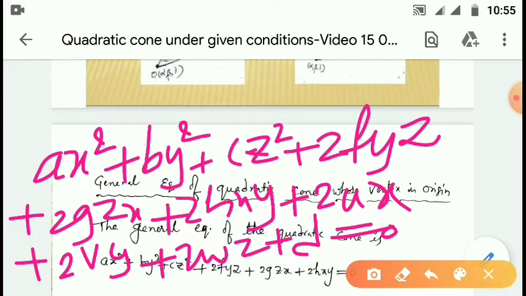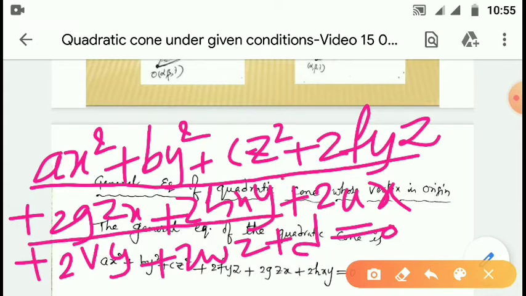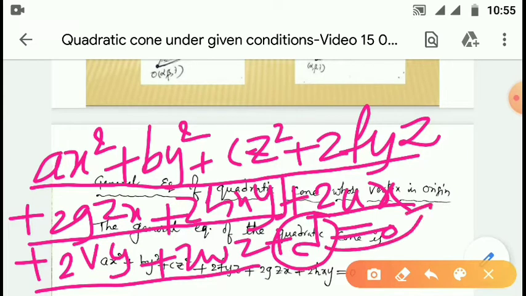If the degree of each term is the same, then the equation is called a homogeneous equation, otherwise it is a non-homogeneous equation. In this equation, the degree of all the terms up to this term is 2, the degree of these terms is 1, and the last is a constant term, hence its degree is 0.